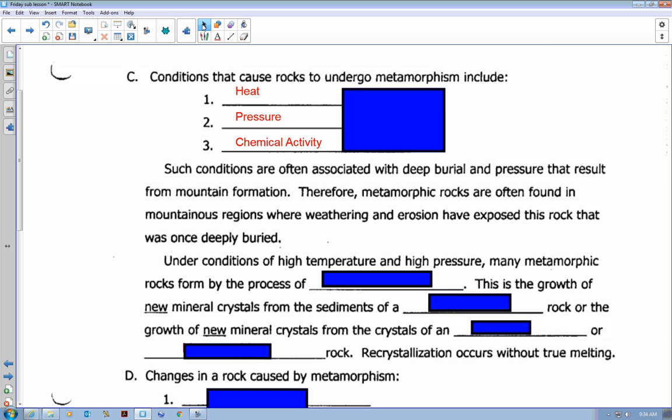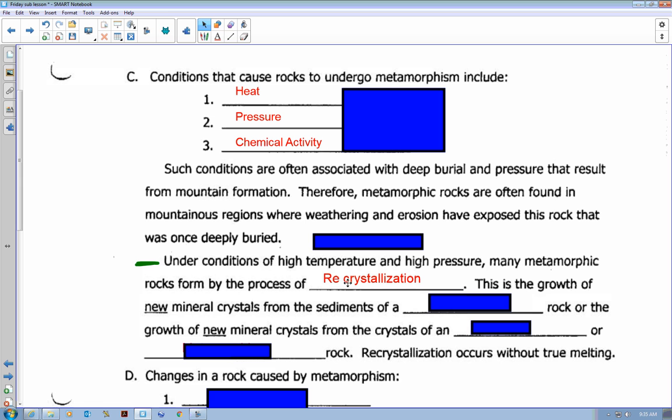If we jump down a little bit to this paragraph right here, it says, under conditions of high temperature and high heat, many metamorphic rocks form by the process of recrystallization. That's a key word we have to know.